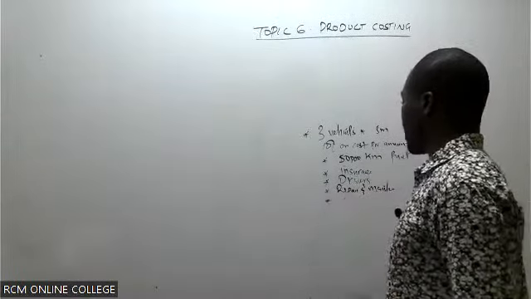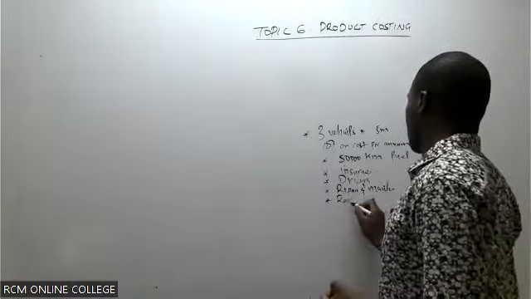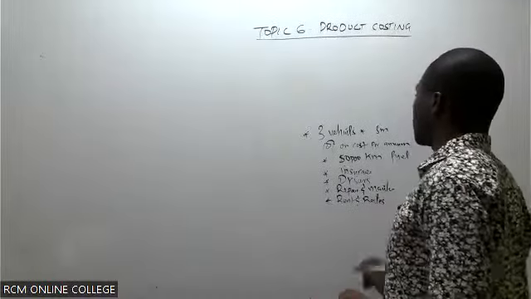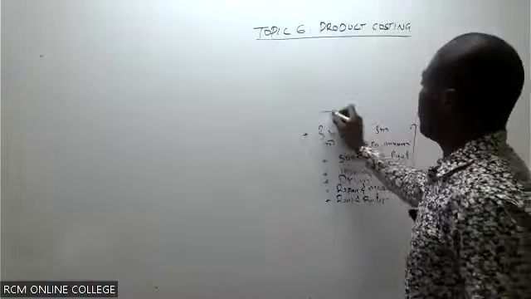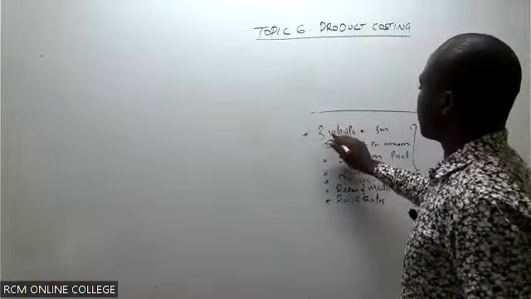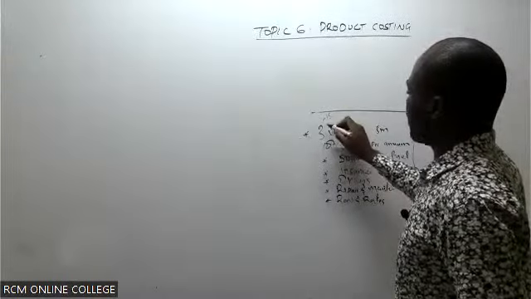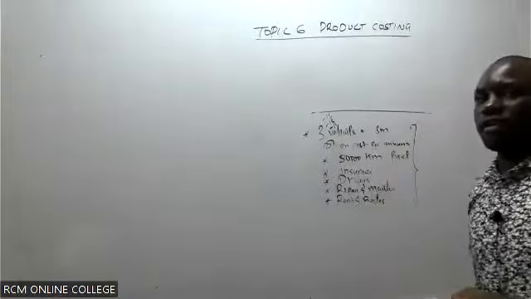You must also have an office or rent and rates you're going to pay, things of that kind. Out of these three, one is a 15-seater, another one is a 13-seater, another one is an 11-seater vehicle.